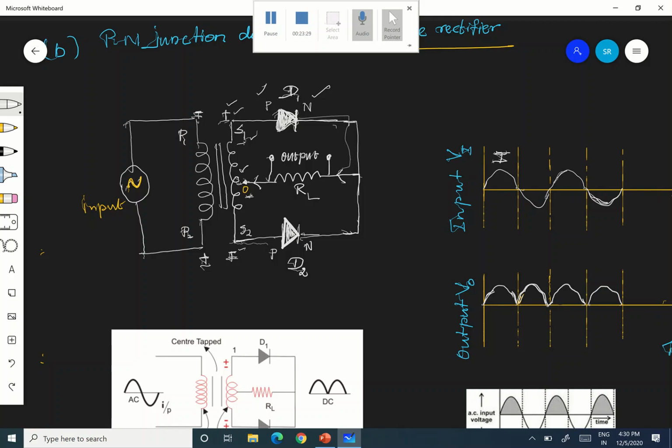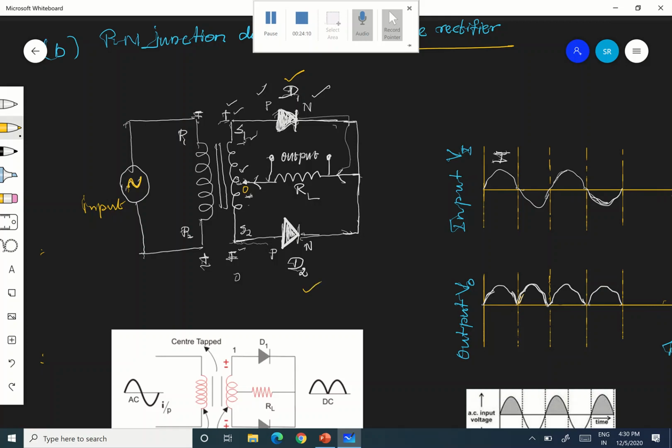For example, if S1 is 5 volt, S2 is 0 and O is 3 volt, then 3 volt is negative compared to 5 volt. P is connected to 5 volt and N to 3 volt, so D1 is forward biased during the first half cycle.